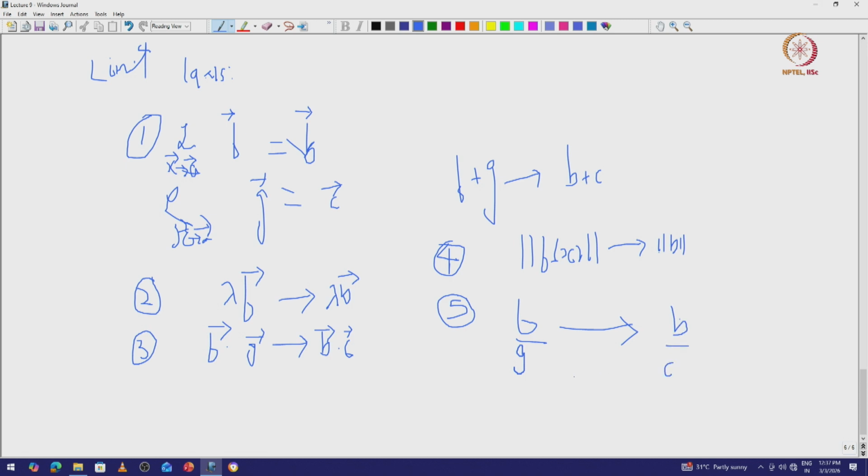The only thing you need to be careful about here is that c must be non-zero for this to make sense, right? So if this happens, then f divided by g goes to b divided by c, if the limit is non-zero, right?